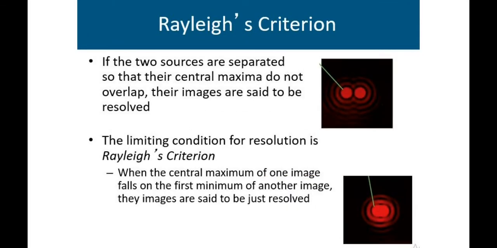Okay, and here it is quite visible, so we can see two images separated. Here they don't overlap, but in some cases when objects are too close, then we cannot see for sure the separation of these two objects.